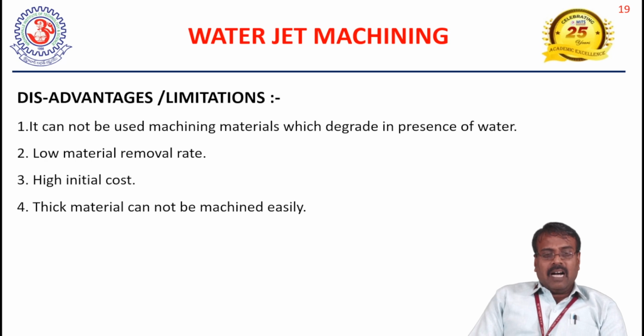A skilled labor is required. Sometimes we may get a very low material removal rate, which can be improved, but if you improve it, the difficulty we face is the surface roughness. Also, thick material cannot be machined easily. For that purpose, we are in need of skilled labor.